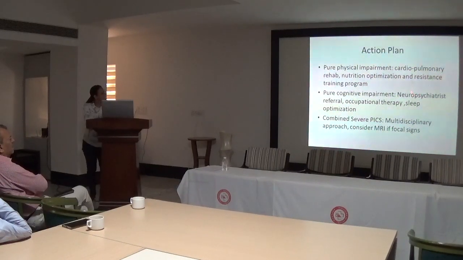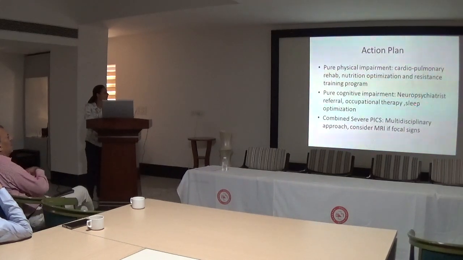In Shelby we had an entire floor that was a gym. That was mostly a musculoskeletal hospital. So we had this entire gym for a resistance training program under the supervision of qualified occupational therapists and physiotherapists. Then we have pure cognitive impairment. You should have a neuropsychiatry reference.